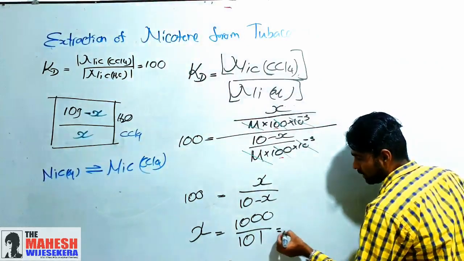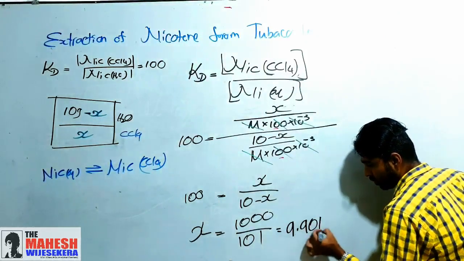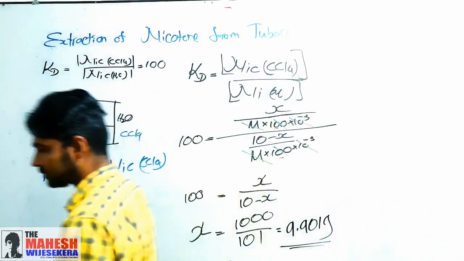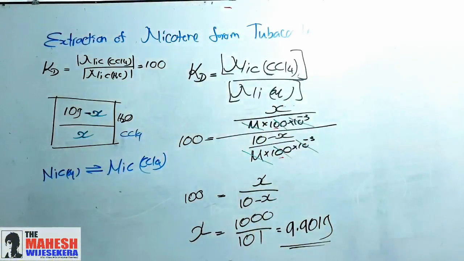That is 9.901 grams. This is the amount that you can extract. X is the value. So that is the amount that you can extract into the organic layer. You don't have any issues.